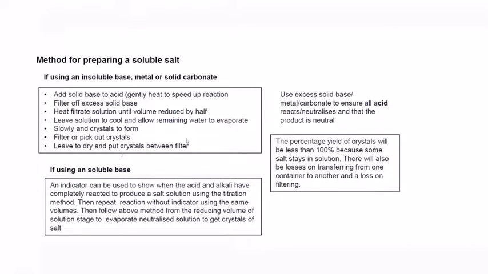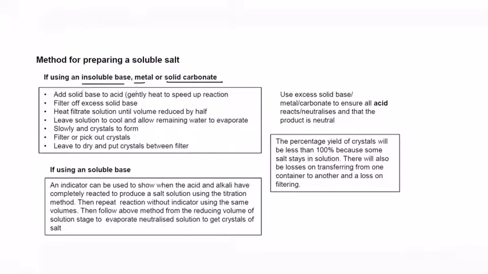Just now we discussed how we can prepare a salt. For example, if you are using an insoluble base such as metal or solid metal carbonate, these are the steps, because this is related to paper 4 as well. Sorry, unit 1. Unit 3 is ATP, alternative to practical, but in unit 1 also you find some questions in which you have to plan an experiment to prepare a salt.